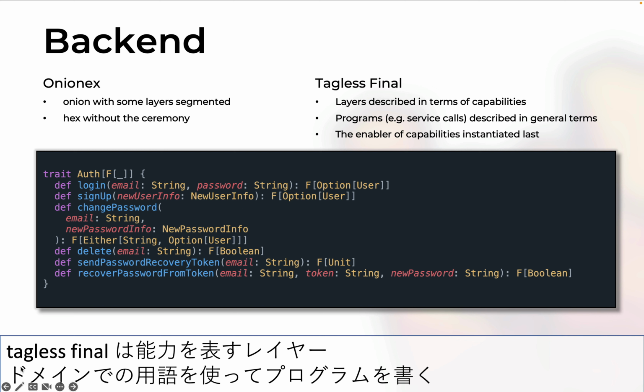So these programs, that is the business logic, for example, the service calls, are described in very general terms, and the implementation details are only provided later. So the enabler of the capabilities, that is the type class instances themselves, are instantiated last and provided only when those services are instantiated. Now, on screen, you have the definition of one of the layers in the application.